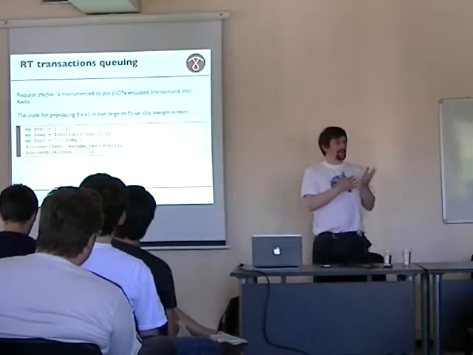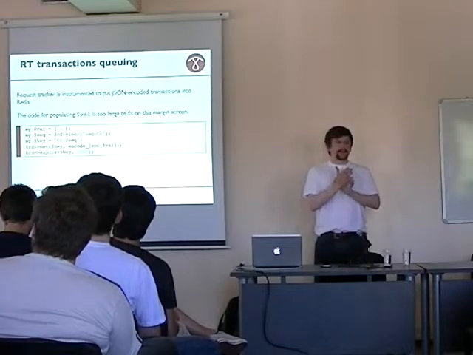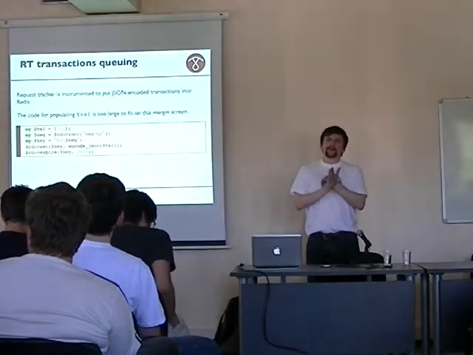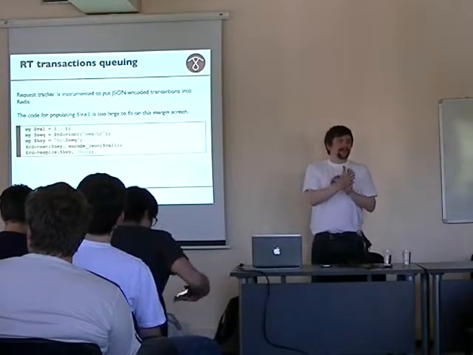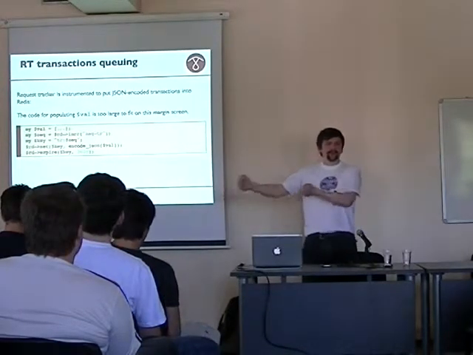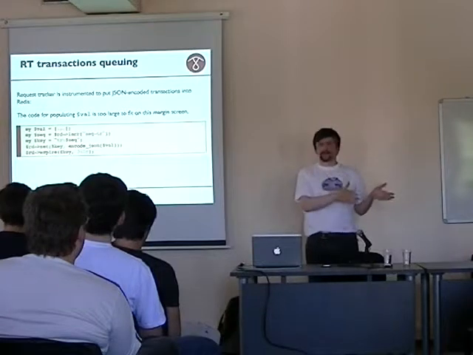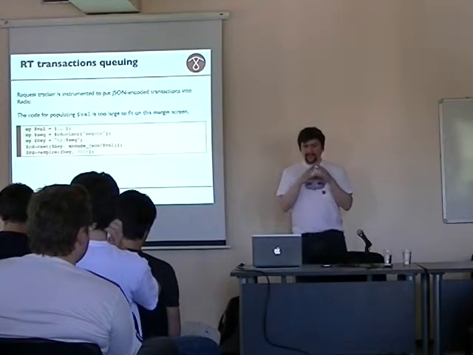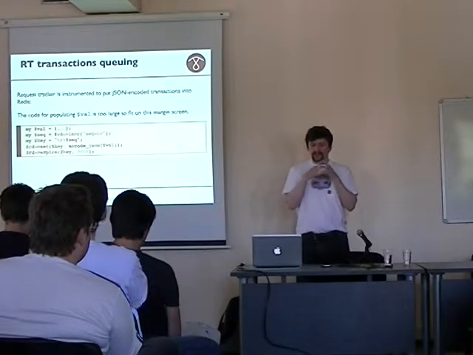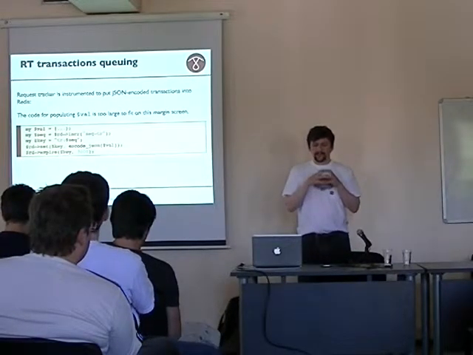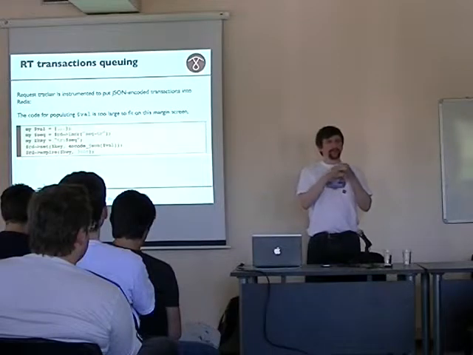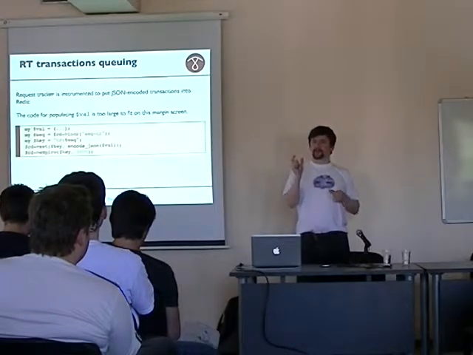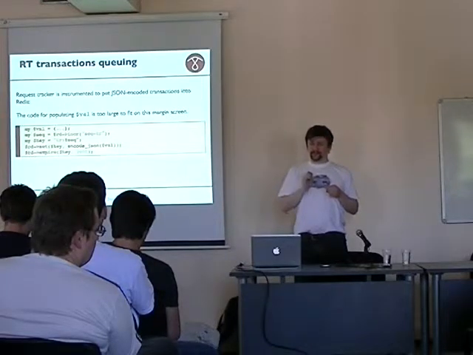And sometimes the watcher, the custom scripts are a little bit too much, or not very convenient, because you have to bring too much of your own custom code, which has nothing to do with it, right? So what we've done is we instrumented RT to put some little snippets of every transaction information into Redis.